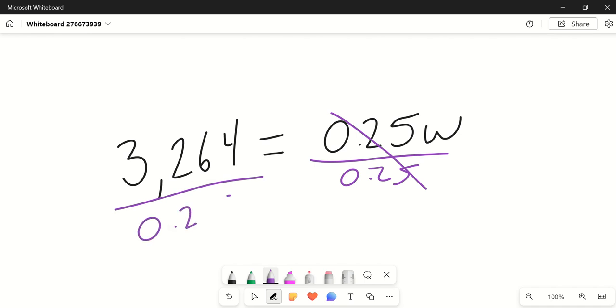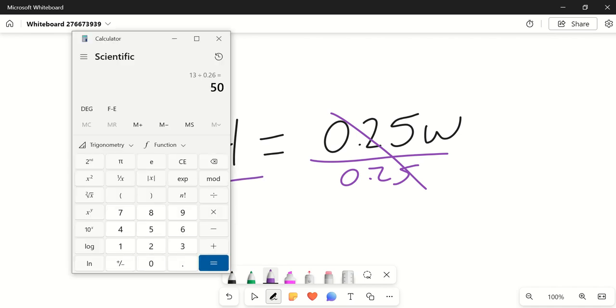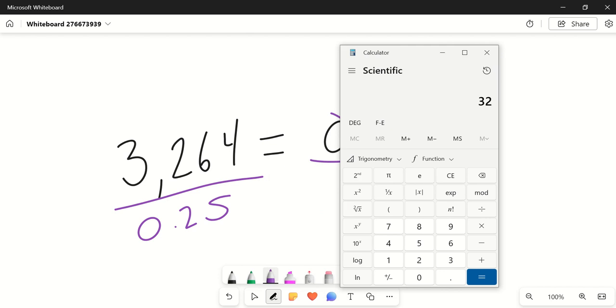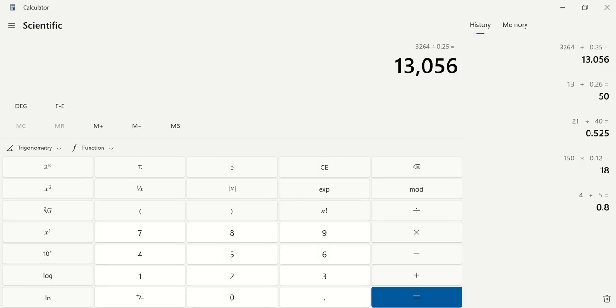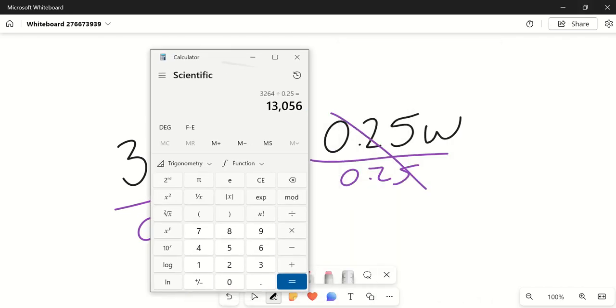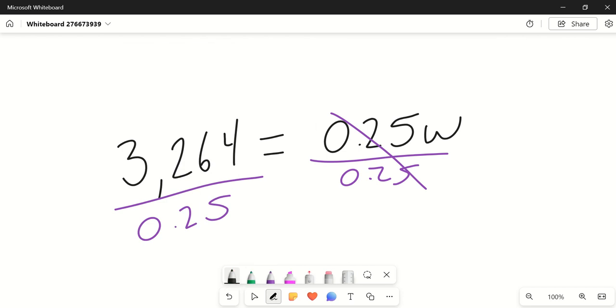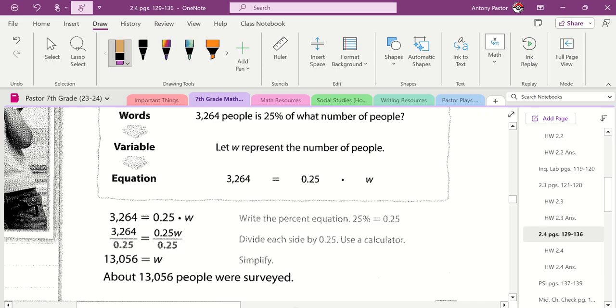Divide this side by 0.25, which will give me my whole. Clear the calculator. 3,264 divided by 0.25 will give me 13,056. And our textbook says just that. So we got it right.